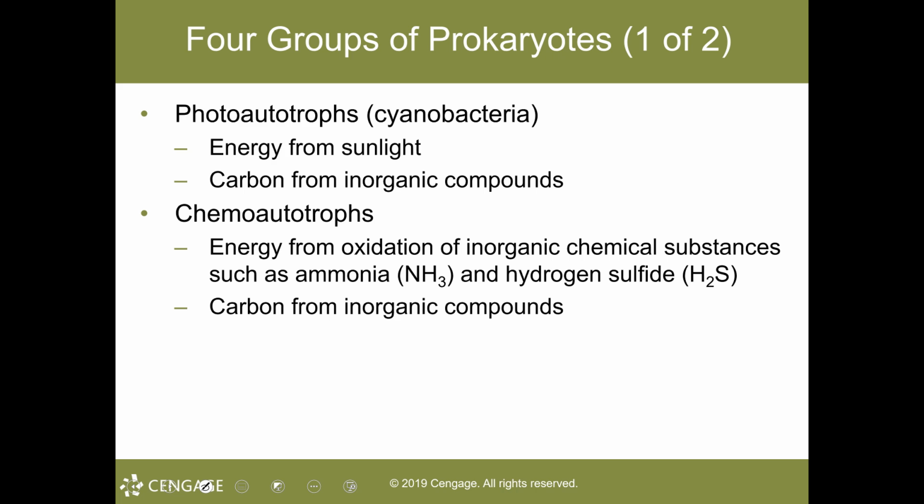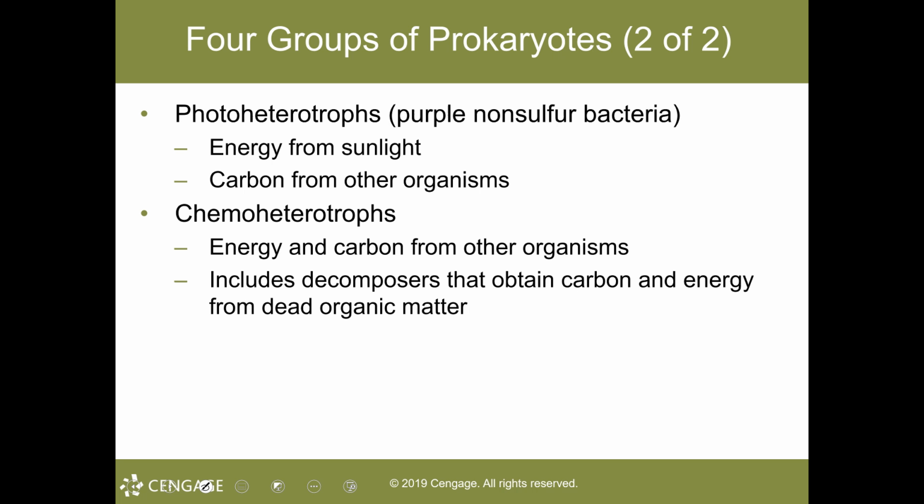So we must have these. And of course, the chemoautotrophs, they take in the substances, class, such as the ammonia, and leave in the hydrogen sulfide. And then, of course, the photoheterotrophs, yet again, class, using the sun. And then, of course, I've mentioned also the chemoheterotrophs, class, taking in the decomposers, taking in the dead organic matter.